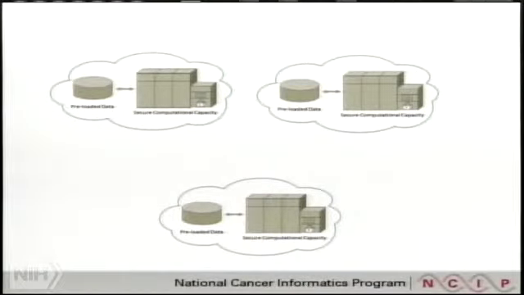One thing I do want to point out is that at the end of these pilot phases, these clouds would represent usable cloud computing infrastructure for cancer research at a 2.5 petabyte scale, again, for the TCGA scale.